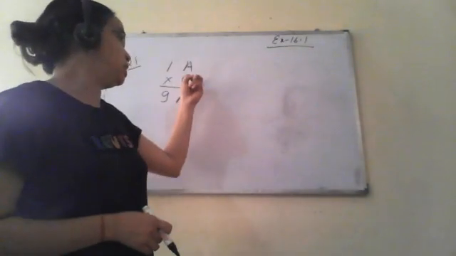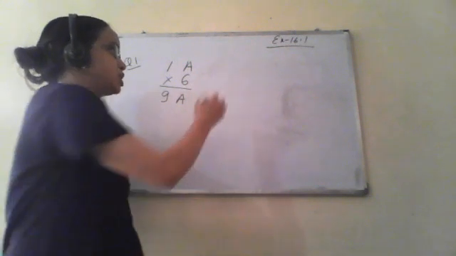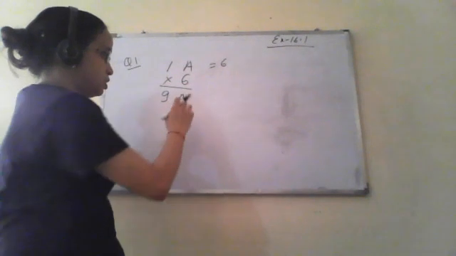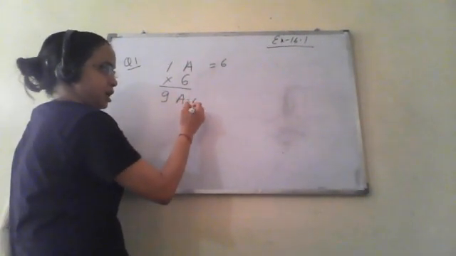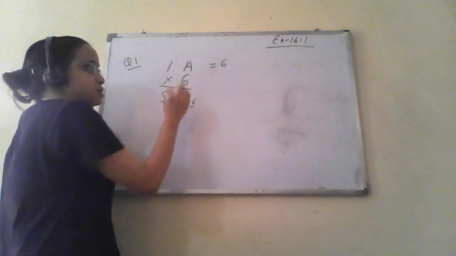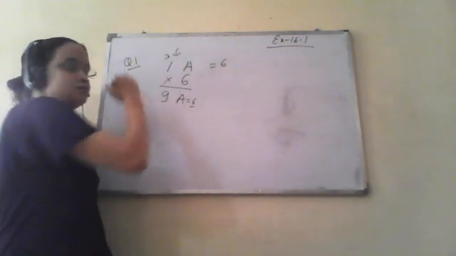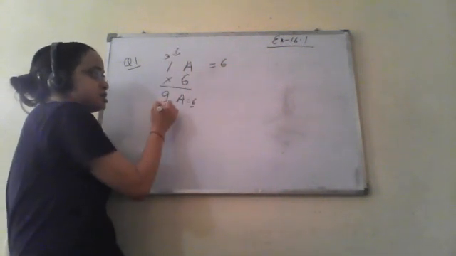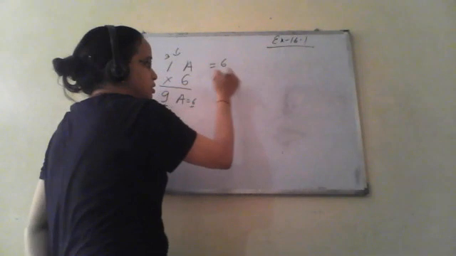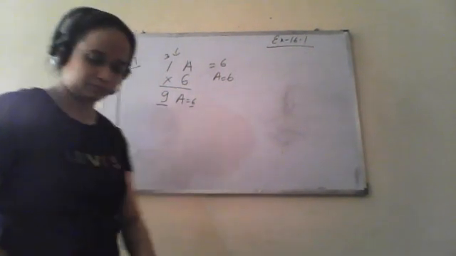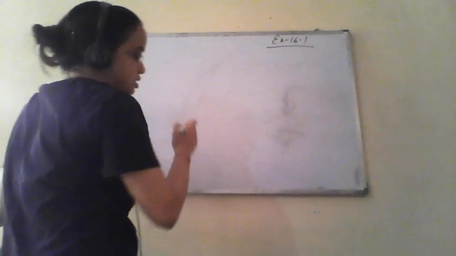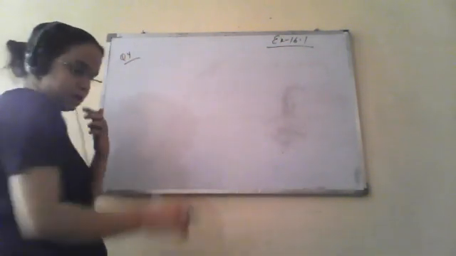If we take A equals 6, then 6 into 6 is 36, the A stays the same, and we carry 3. So 6 times 1 is 6, and 6 plus 3 is 9. So A is 6. Clear? These are very simple questions, simply puzzle type, so there is nothing too much to explain in these.